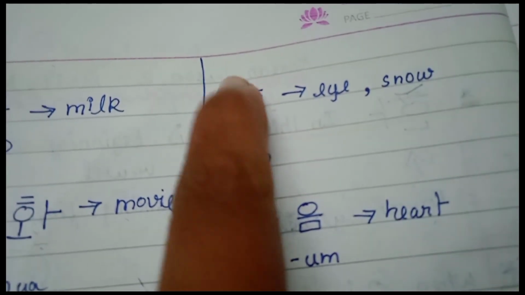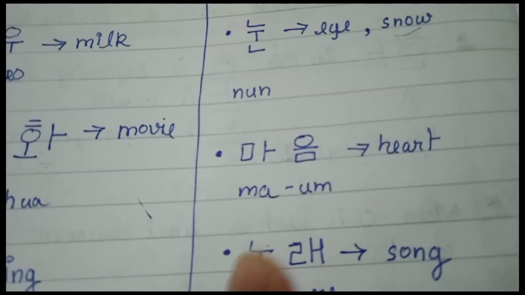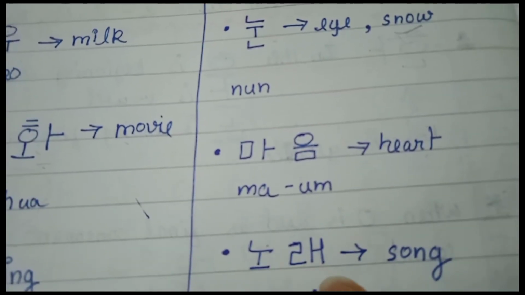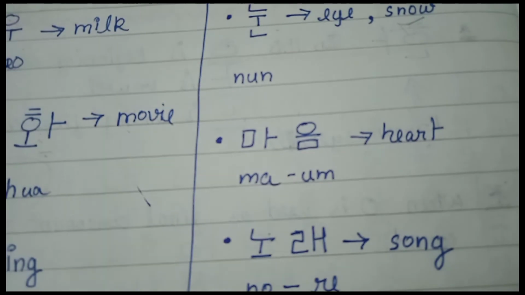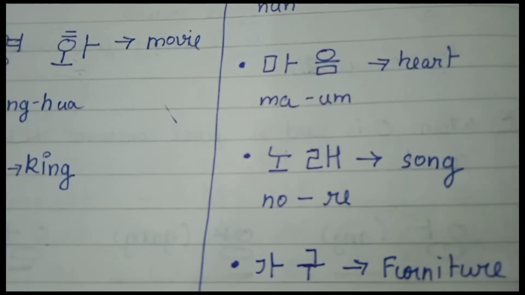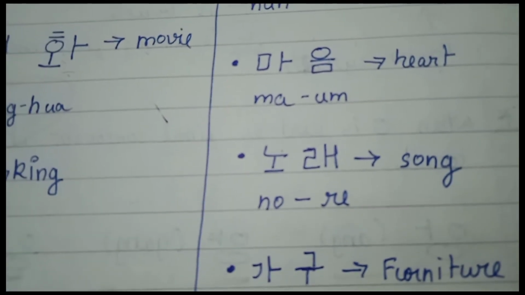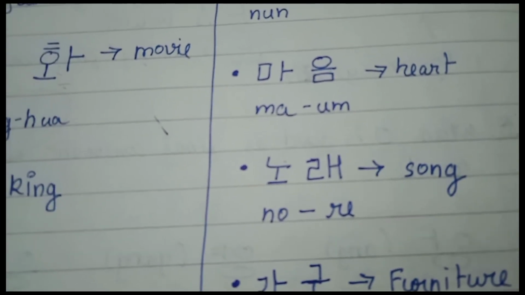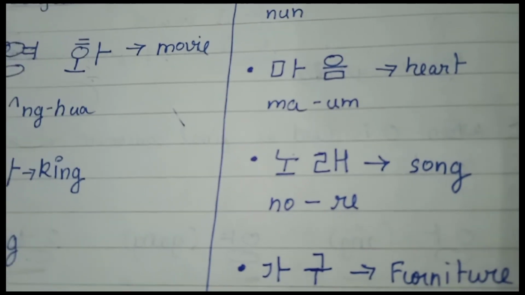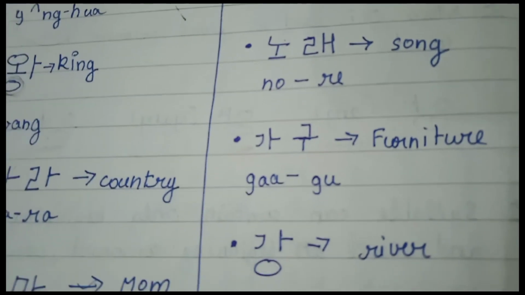Do not try to look at the romanization. Read it on your own. Is ma'am. Now the next one, no re. This was simple, a basic syllable. It didn't have any ending consonant. Next one is ga gu, which means furniture.